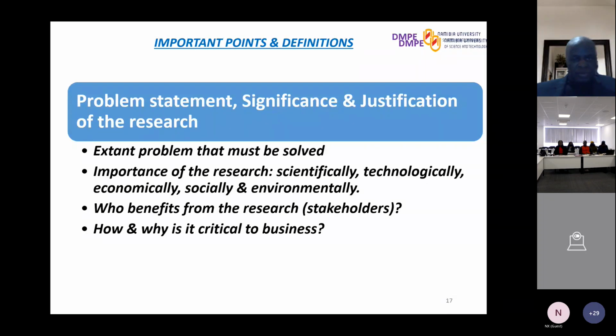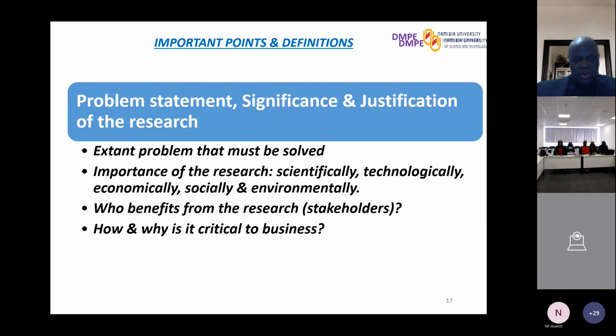Then you come to the problem statement, its significance and justification. You need to demonstrate that, yes, indeed, after researching and reviewing the literature globally, there is an existing problem that has to be solved in order to answer the questions stakeholders have for supporting or funding the project.